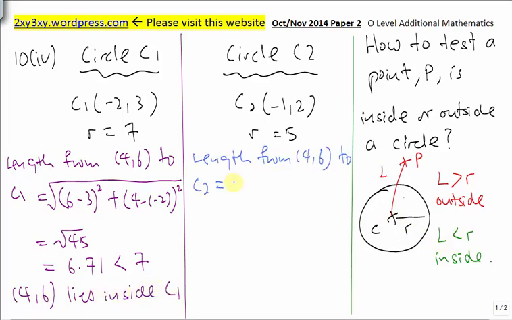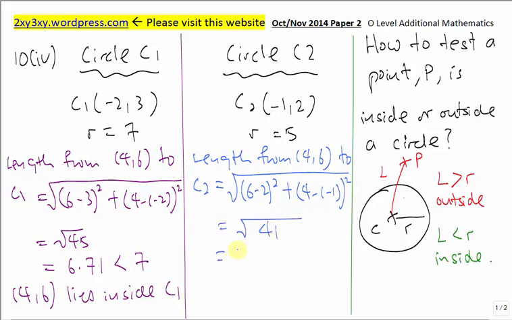Now we're going to find the length from (4, 6) to the center of C2, which is square root of y2 minus y1 squared plus x2 minus x1 squared. It will give us square root of 41, which is 6.40, and 6.40 is greater than the radius 5.